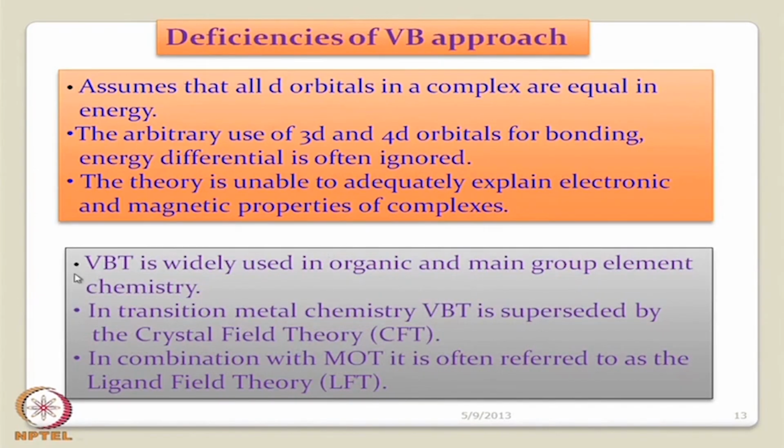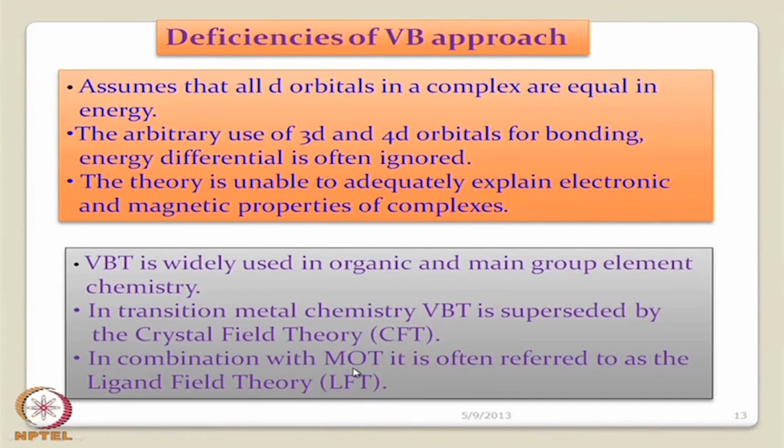Lastly, this theory is widely used mainly for organic and main group element chemistry, and is not very useful for transition metal complexes. Therefore, in transition metal chemistry, valence bond theory is superseded by the crystal field theory, which we will discuss in our next class. After that, we will introduce the entire molecule itself, considering the whole molecule in combination with molecular orbitals.